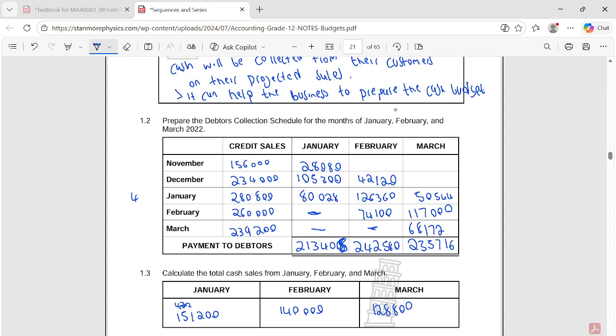If you look here at January, the month of sale is January, the month following the month of sale is February, and the month after that is March. What about the 7%? The 7% is outstanding from January.